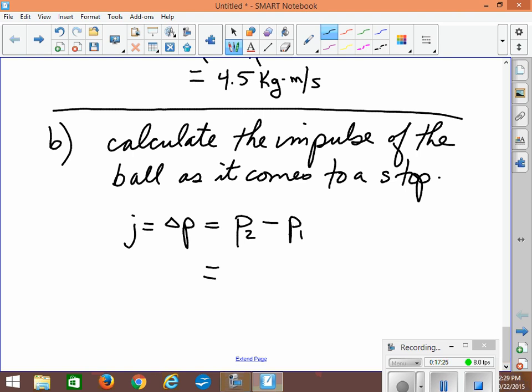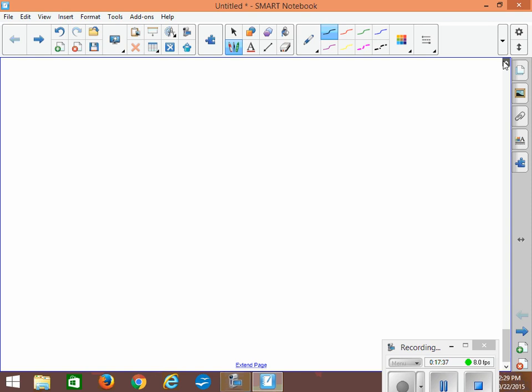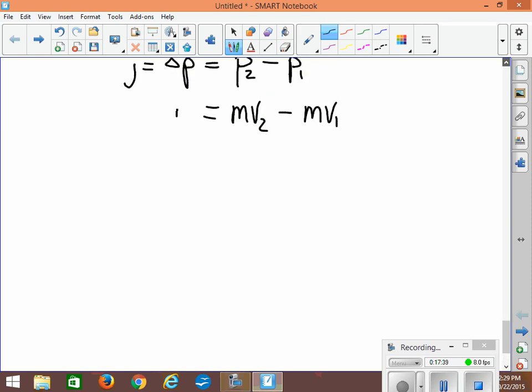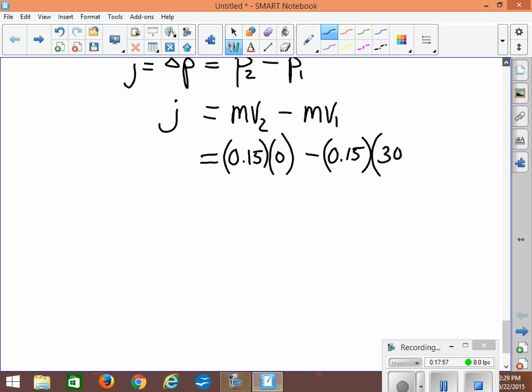The second momentum would be the mass times the second velocity, and the initial momentum is the mass times the first velocity. And so the impulse would be equal to 0.15 for the mass, and the second velocity in the glove is stopped, it's 0. Take away 0.15 for the mass again, and then 30 meters per second.